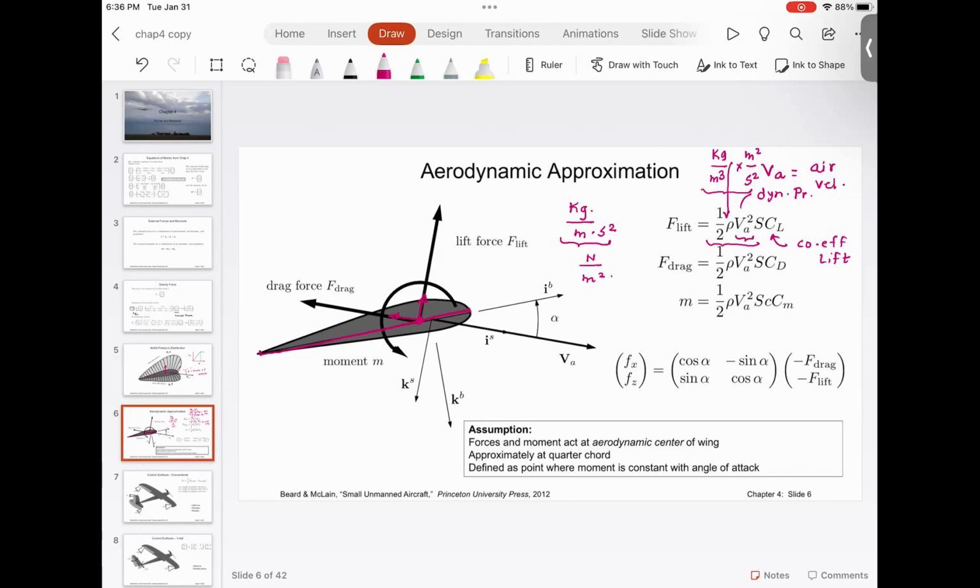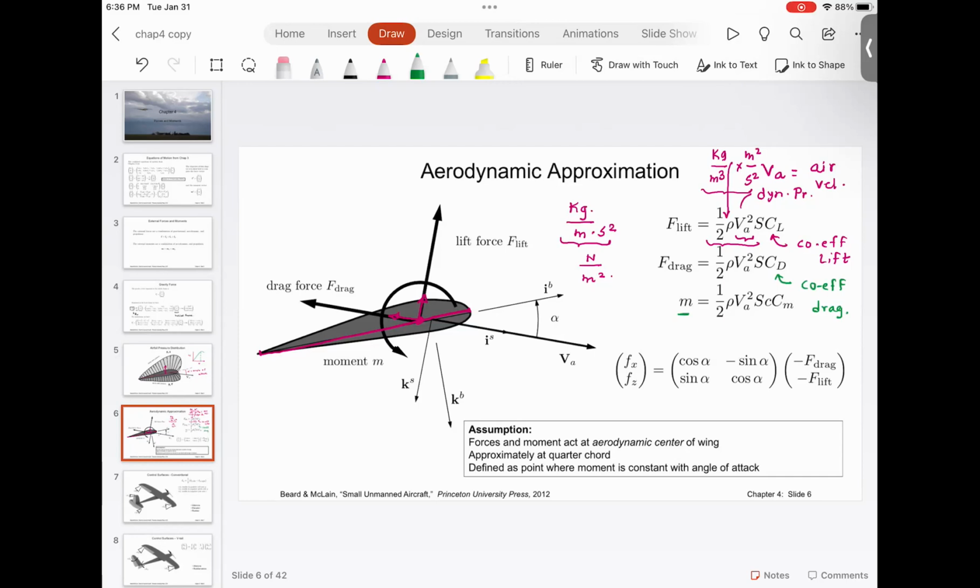Same thing happens with the drag force. You have the dynamic pressure multiplied by the surface area multiplied by CD, which is the coefficient of drag. Similarly, you have the moment.